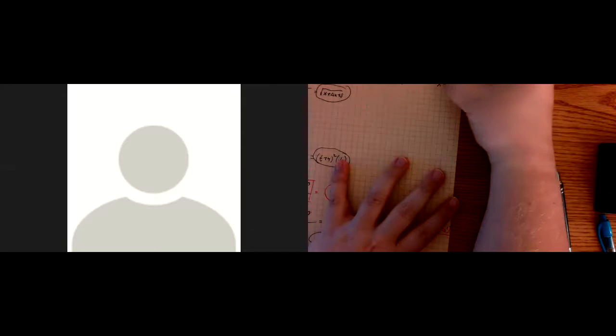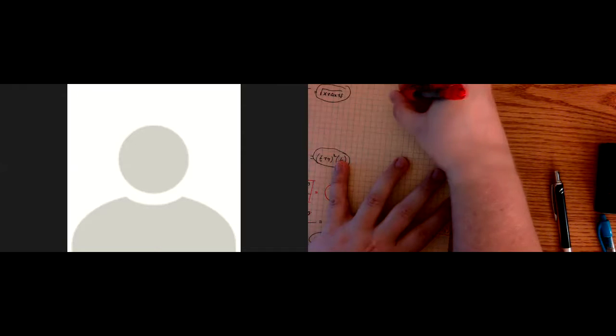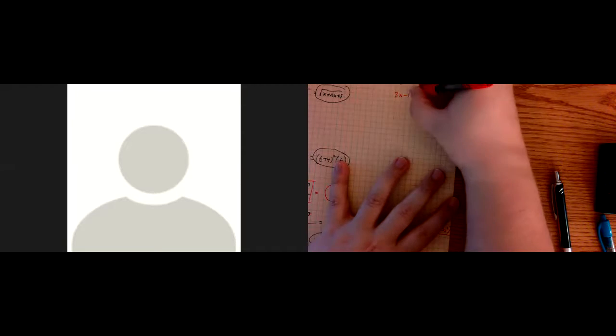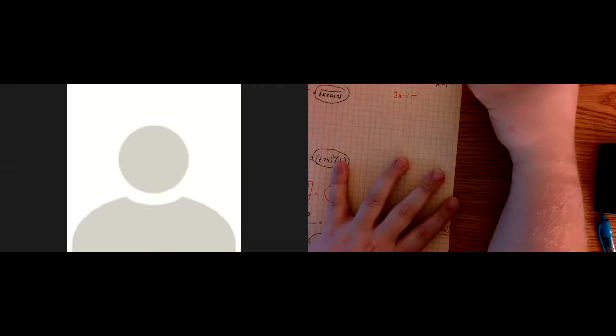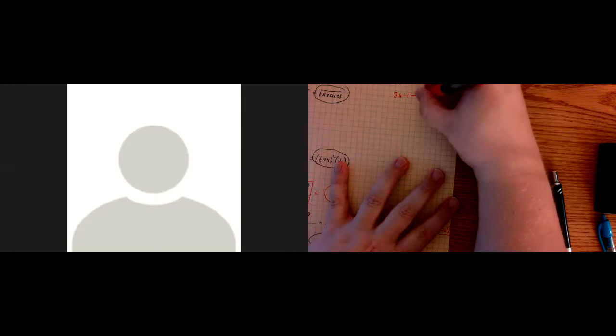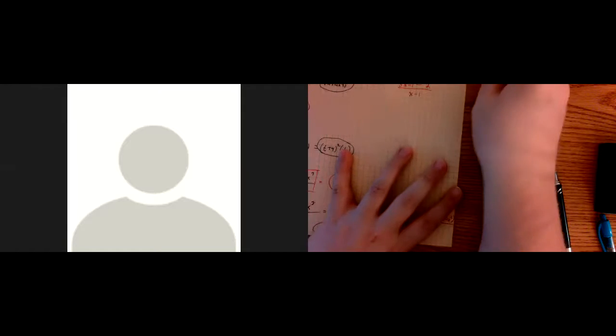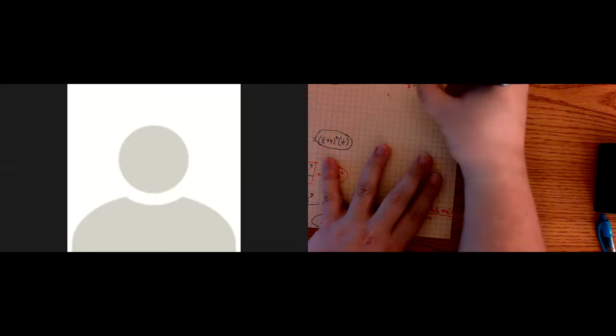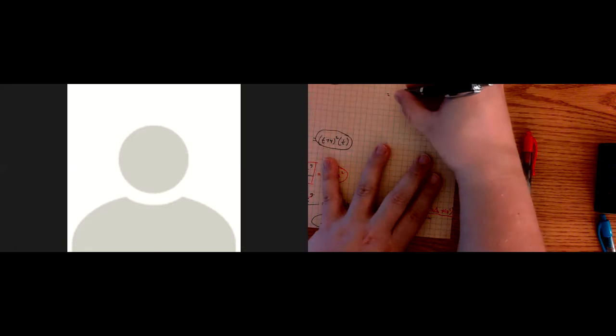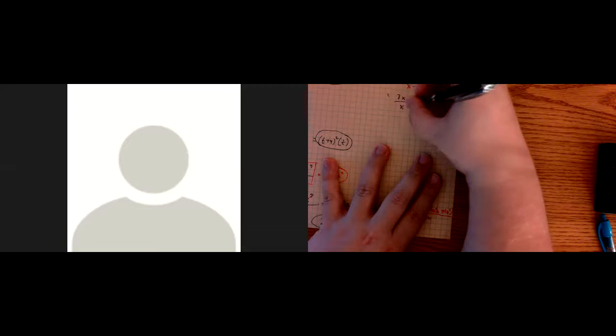Let's simplify some stuff here. 3x minus 1 is 3x minus 1, minus 3 times 1 is 3, minus 1 is 2, so we minus a 2 over x minus 1. We can then combine like terms with the negative 1 and the negative 2, so we get 3x minus 3 over x minus 1.